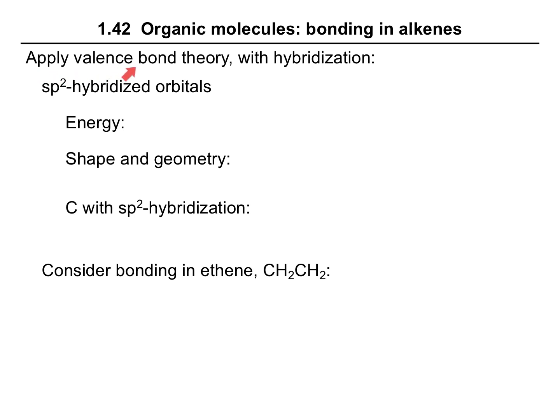Once again, as we apply valence bond theory, including hybridization, let's now focus on sp2 hybridized orbitals. In terms of energy, the sp2 hybridized orbitals will have the same energy as each other, and the relative energy will be in between an s and a p orbital. In terms of the shape and geometry, the shape is going to look something like this with a little nub.